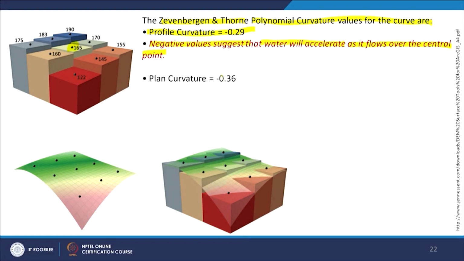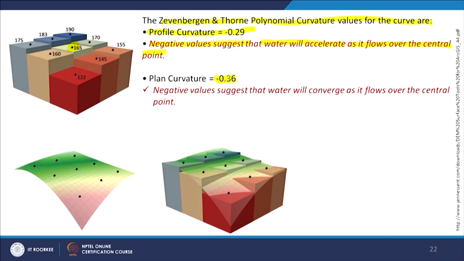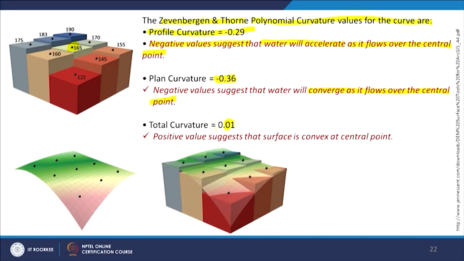And in plan curvature the value is minus 0.36, and that means it is also a negative value and suggests that water will converge as it flows over the central point. And the total curvature, when you calculate, it is 0.01, and that basically indicates that this is a positive value, which suggests that the surface is convex at the center point, which you can also feel here, because there are 160 value and less than 165 values are there.